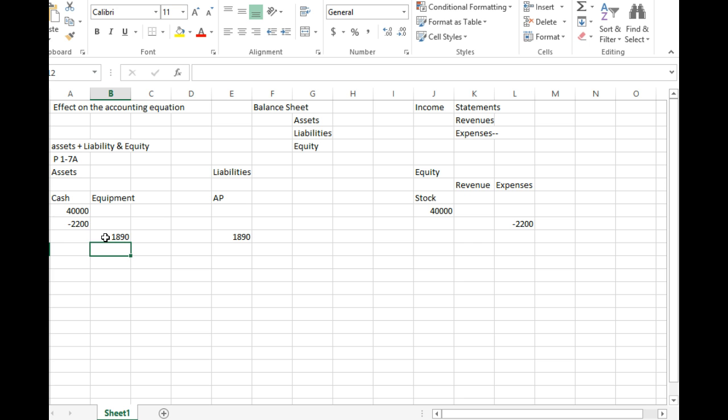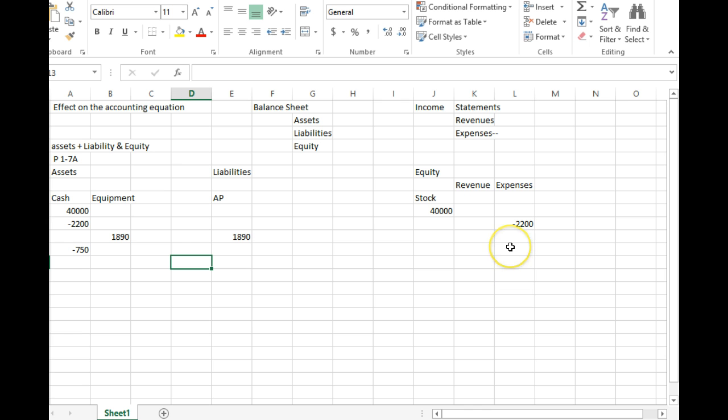Okay, the next thing was company paid $750 cash for this month's cleaning services. So what's one account that gets affected? Cash would be affected. And does it go up or down? Okay, it would go down $750. And what's another account that would be affected?